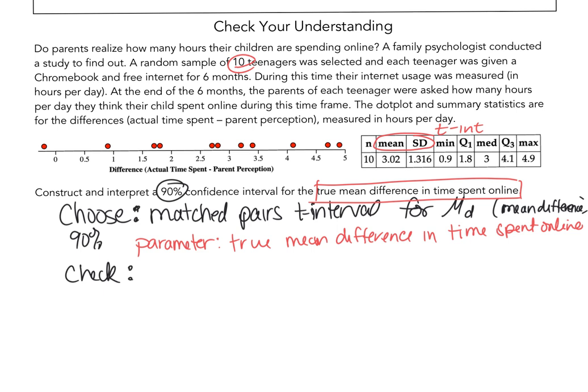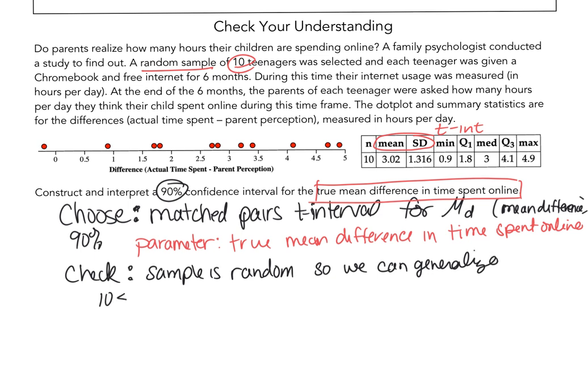So the first is, is it a random sample? Yes, it says a random sample of 10 teenagers. So the sample was random. Why? So we can generalize. The next is, is 10 less than 10% of all teenagers? Yes, definitely. So we can sample without replacement.